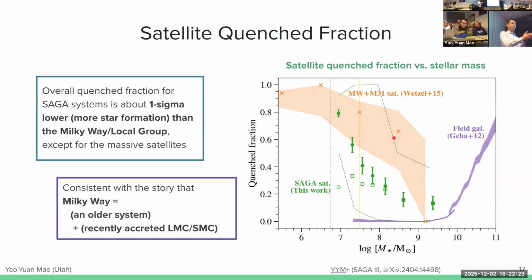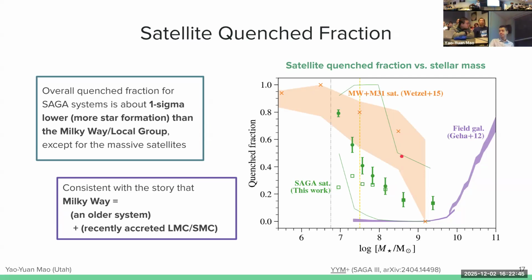This is to show you, because the Milky Way and M31 are only 1 or 2 systems. So in order to compare that, we also show the variation among systems. And so you can see the scale is large, because you are now looking at the individual systems. But you can still see it's about 1 to 2 sigma lower than the Milky Way.